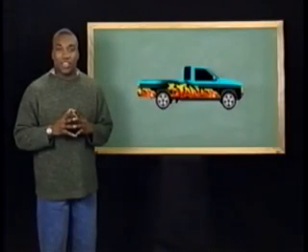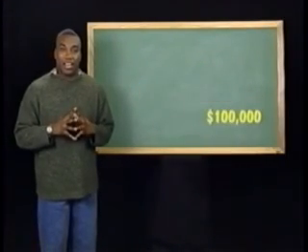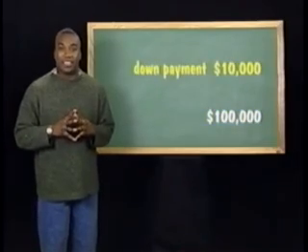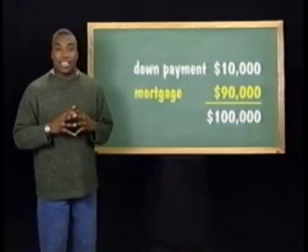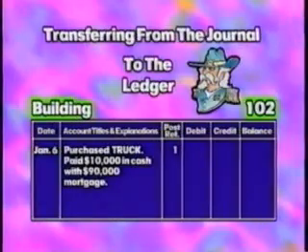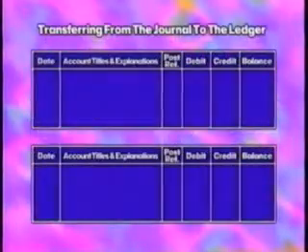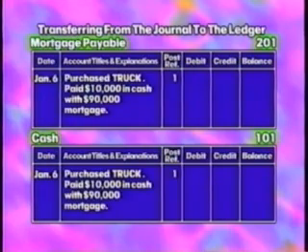Remember that Stan bought his truck at a cost of $100,000 with a down payment of $10,000 and a mortgage of $90,000. In the building account, we debit $100,000, resulting in a debit balance. Next, we must credit the mortgage payable account and the cash accounts for $90,000 and $10,000 respectively.